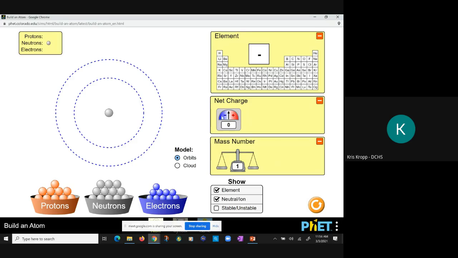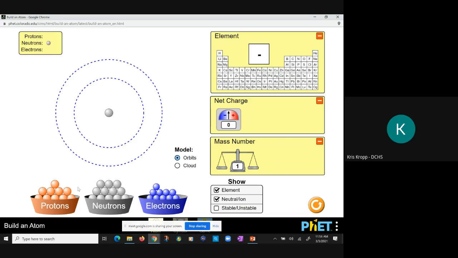So the neutron has no charge, but it does have mass. Look down here in my mass section. The mass is 1. So it has the same relative mass as the proton.